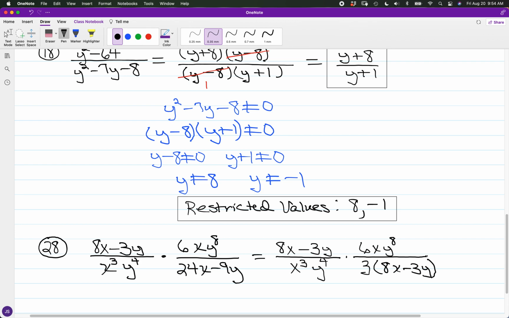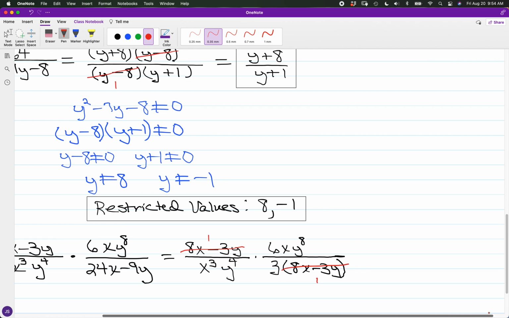If you notice between the numerator and denominator positions, we have 8x minus 3y shared in common. So we can reduce, and you could also simultaneously reduce 6 over 3. You could do both operations in one sweep, but we'll just do it gradually.